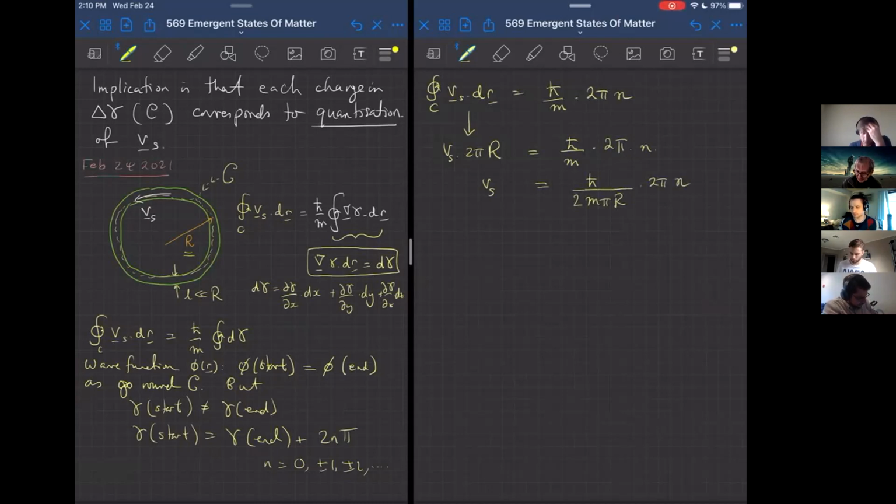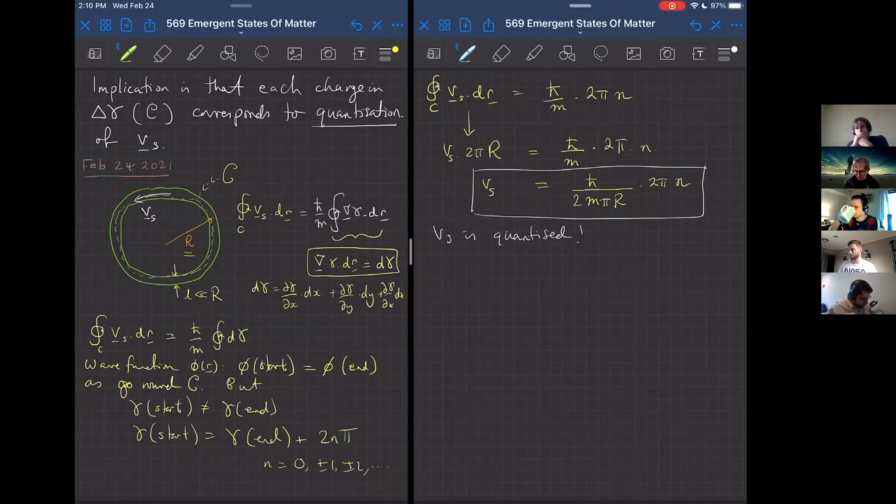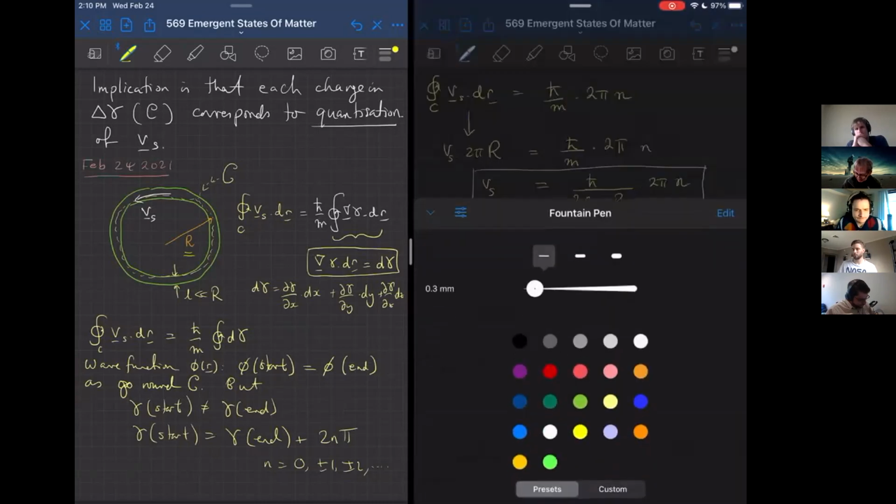And so that tells us then that the velocity of the superfluid is actually quantized. And so that's a remarkable fact. Well, let me just say then what this means for the persistence of the superfluid state.